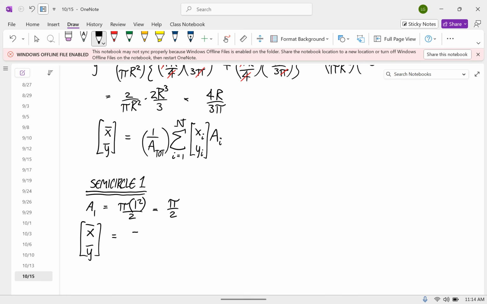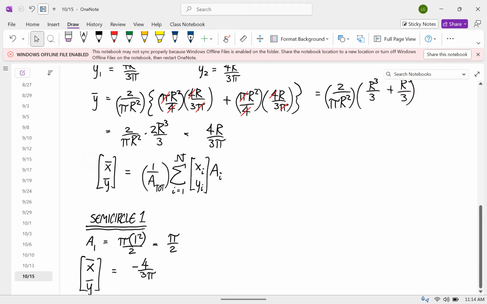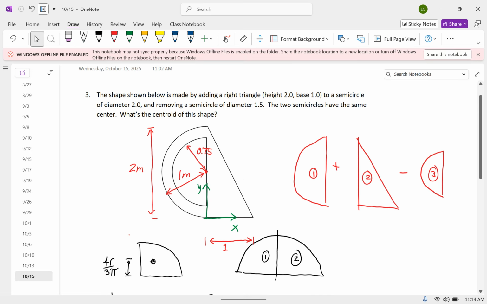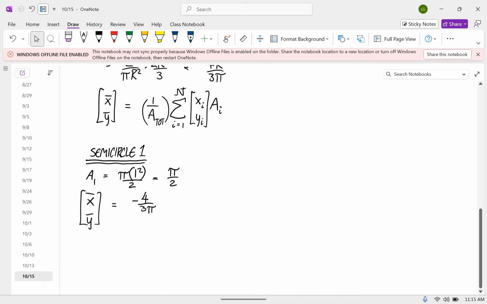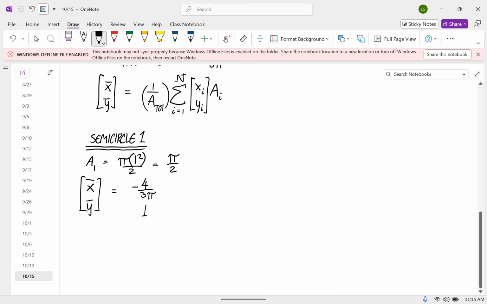R is 1, so that's just 4 over 3 pi. And then for y, we can use the symmetry, so that's just going to be 1. Any questions about that? I guess I'll put that in a decimal form.